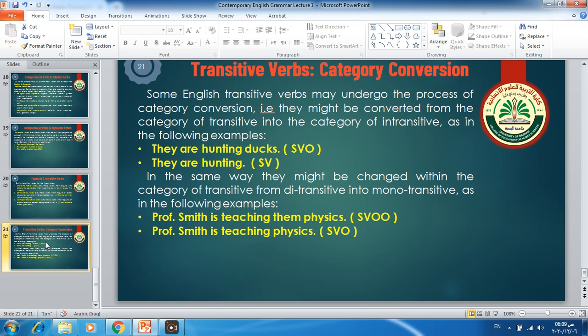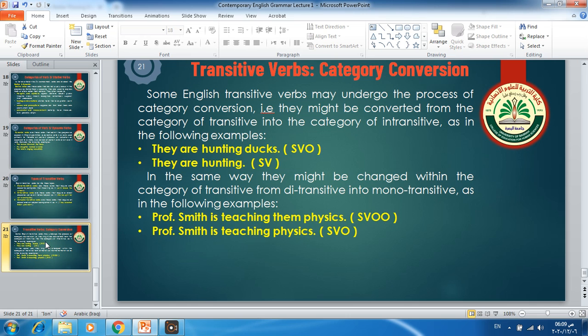So as you see, we have a subject, a verb, and an object. Now, this very verb can be converted from the category of monotransitive into the category of intransitive. So when we convert it into the intransitive, this time we don't need an object. So we say they are hunting. And the sentence is still complete, and it has a complete sense.